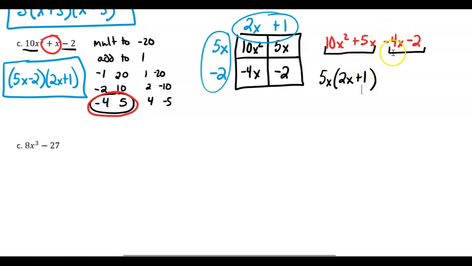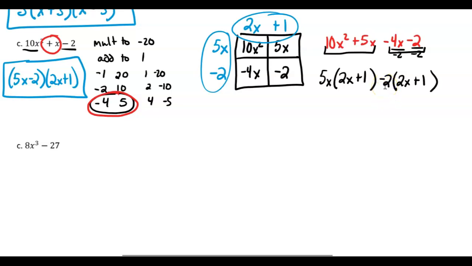If the first number of the group is negative, factor out a negative number; if it's positive, factor out a positive. What can come out of -4x and -2 is just 2, and I want to pull out a -2. You can show it as division if it helps: -4x divided by -2 is 2x, and -2 divided by -2 is 1.